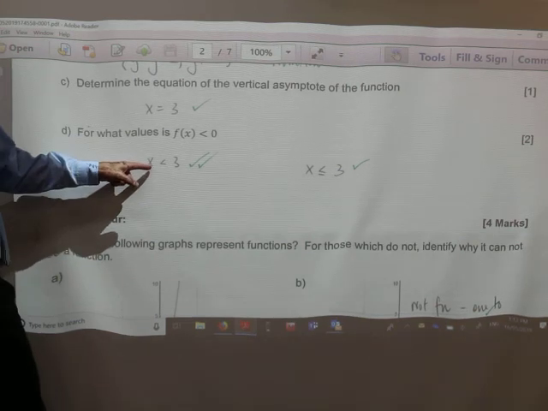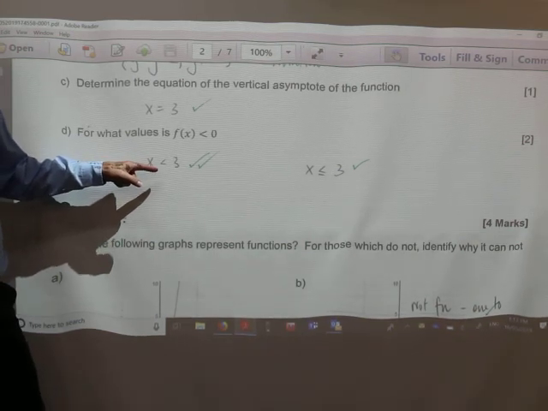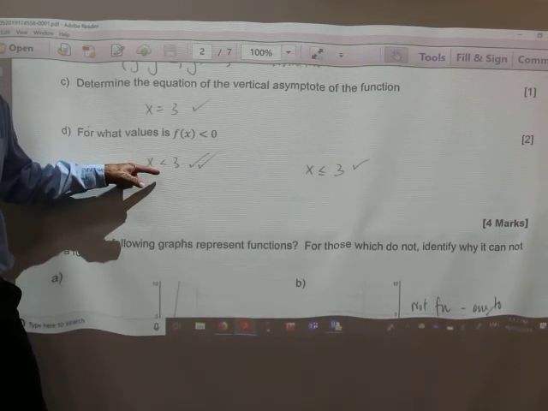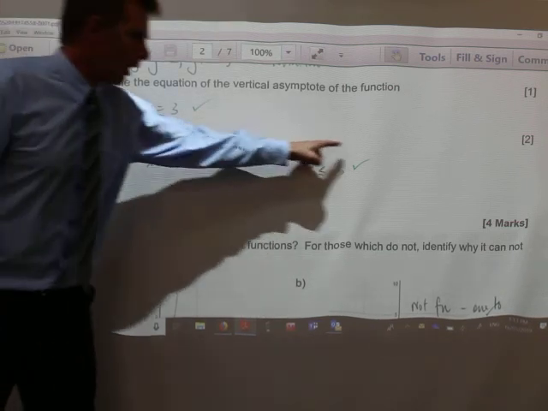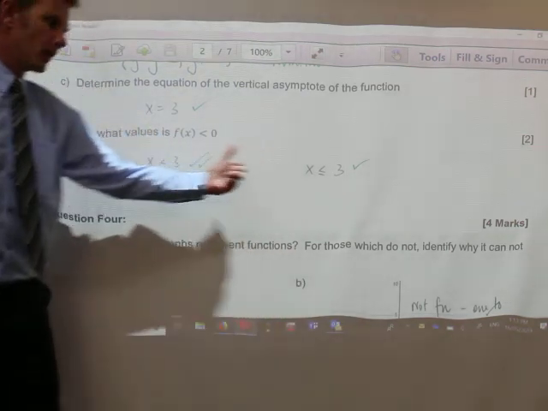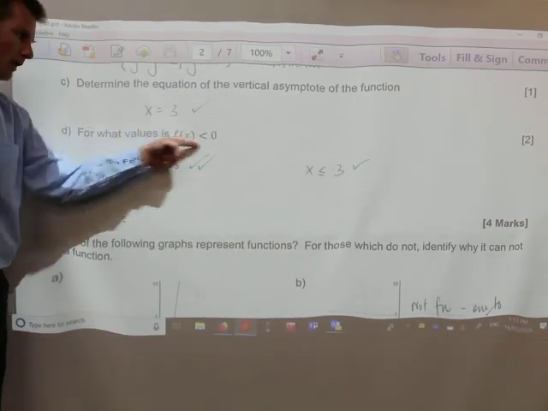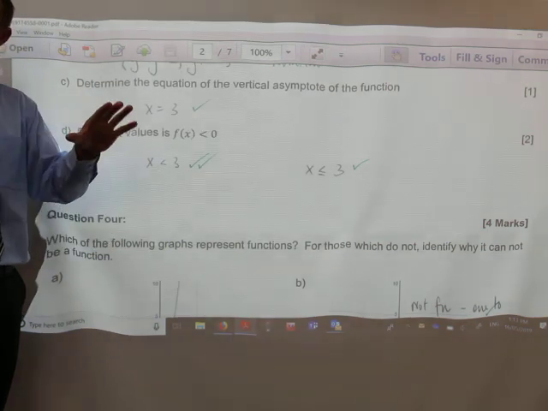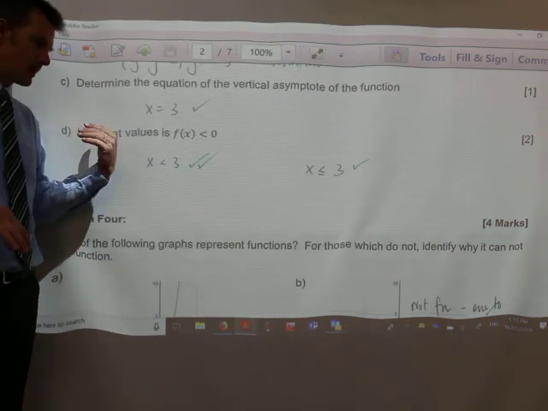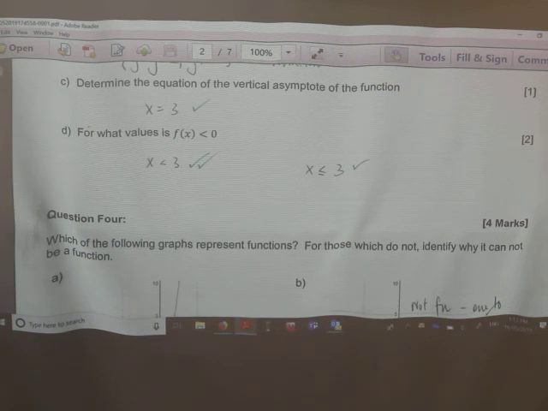Now, if you wrote less than 3, you got the mark, because it can't equal 3. That's our vertical asymptote, isn't it? So it's only numbers less than 3. I gave you 1 mark for this, but really, less than 3, the question was asking less than 0, not equal to 0 or undefined. So really less than, not less than or equal to.